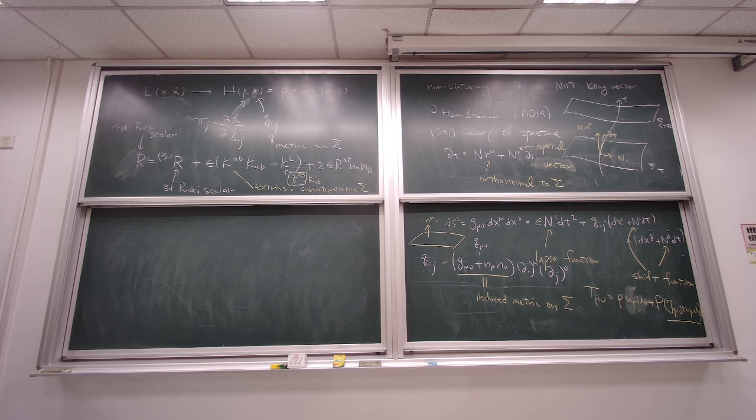And then we just decompose the four-dimensional curvature in this way. Therefore K is written in terms of Q, and also K squared is written in terms of Q. And here you have to be careful a little bit about how to treat them.